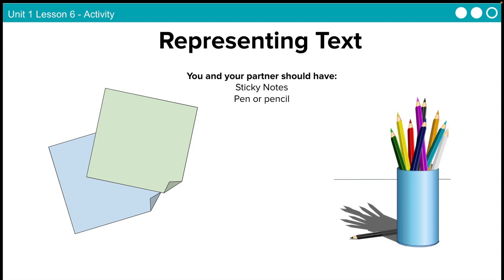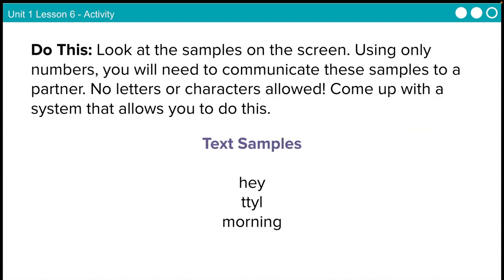Okay, so let's do the first one together. Okay, so you see these? How could we use only numbers to communicate these with our partner? So let's just make a simple system where the letter A is number one, the letter B is number two, the letter C is number three, and on and on and on.